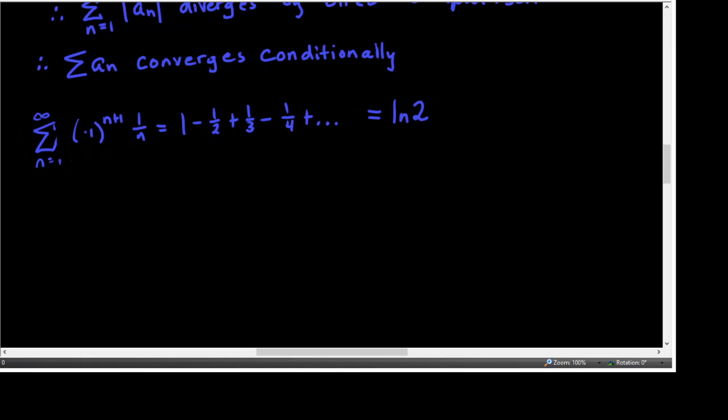So, let's rearrange the terms of this series and get a different sum. What if I were to rearrange them in this order? 1 minus 1/2, minus 1/4, plus 1/3, minus 1/6. Now you have to make sure you don't forget any of the terms as you write these down.